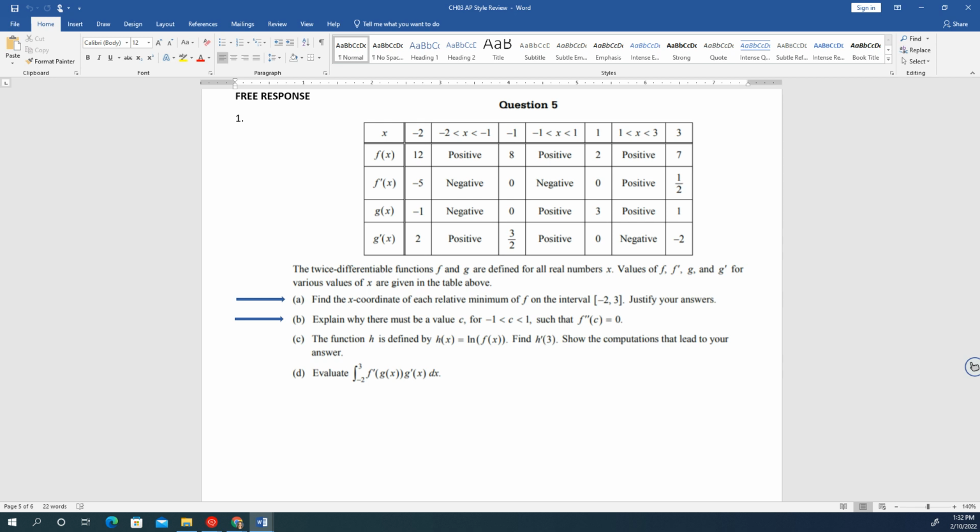Okay, part A says, find the x-coordinate of each relative min of f on the interval -2 to 3. So remember, a relative min on the actual graph is where our graph changes from decreasing to increasing.